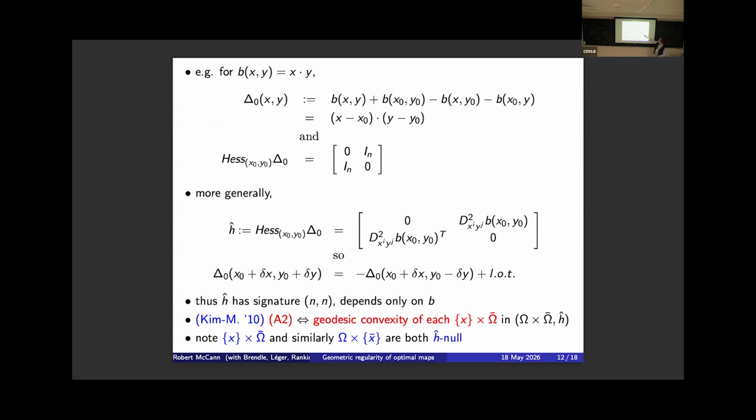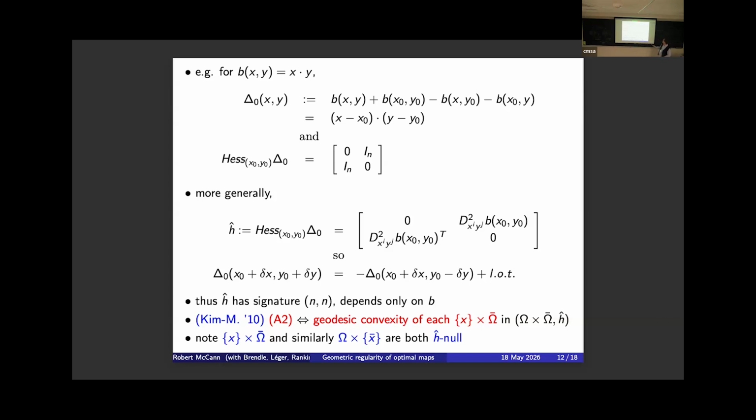If you take 2 derivatives with respect to x, you get 0. Or 2 derivatives with respect to y, you get 0. If you take 1 derivative with respect to x and 1 derivative with respect to y, you get the identity matrix. And more generally, what this Hessian metric looks like is a block anti-diagonal matrix with zeros on the diagonal and the mixed partial derivative transposed off the diagonal. And so it's always signature (n, n).